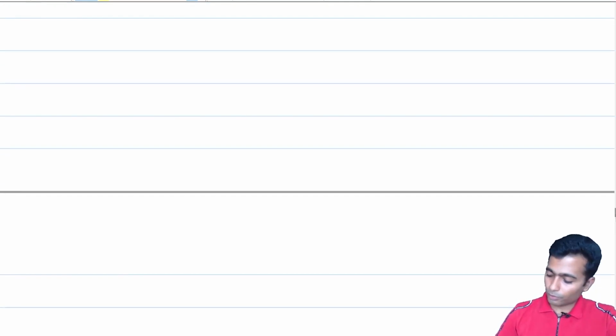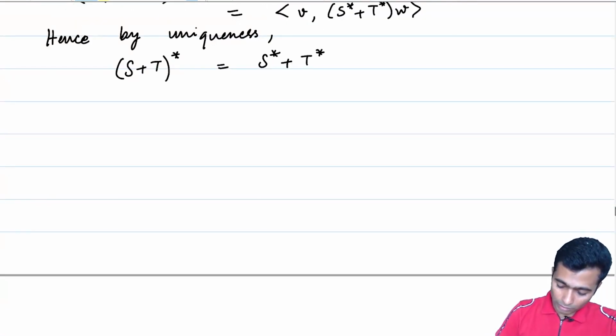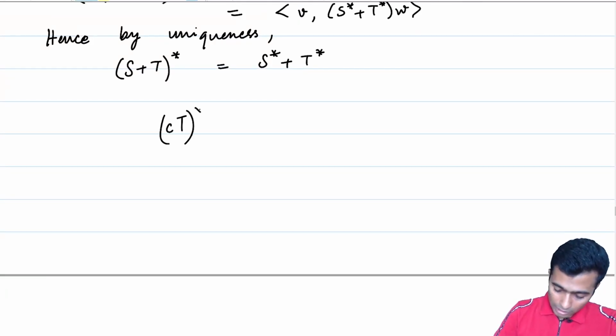Let's see what happens if you look at C times T. So let's see what we can conclude about (C times T) star. Again, we will use the same trick. Let's get familiarized with it quickly.